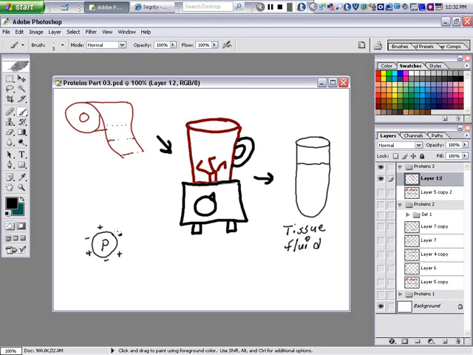What would be the charge on this protein? Okay, I want you to think about it. I'm going to repeat the question. If you put this protein here in a very low pH, what would be the charge on the outside of that protein? Think about it for 3 seconds. 1, 2, 3. Anyone think they have the answer?